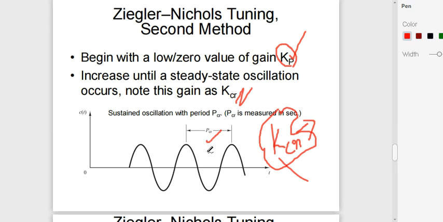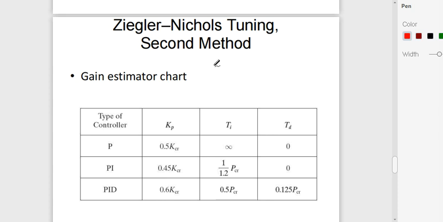PCR is the sustained oscillation period and Kcr is the maximum value of K for the system to be stable. That can be found by making the system oscillate sustainedly. By using the values of both PCR and Kcr, we prepare the estimation chart of PID controller.